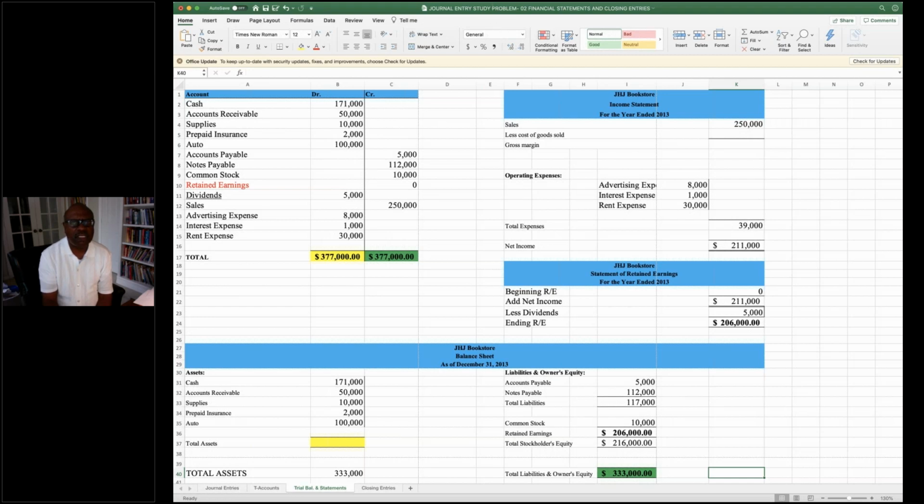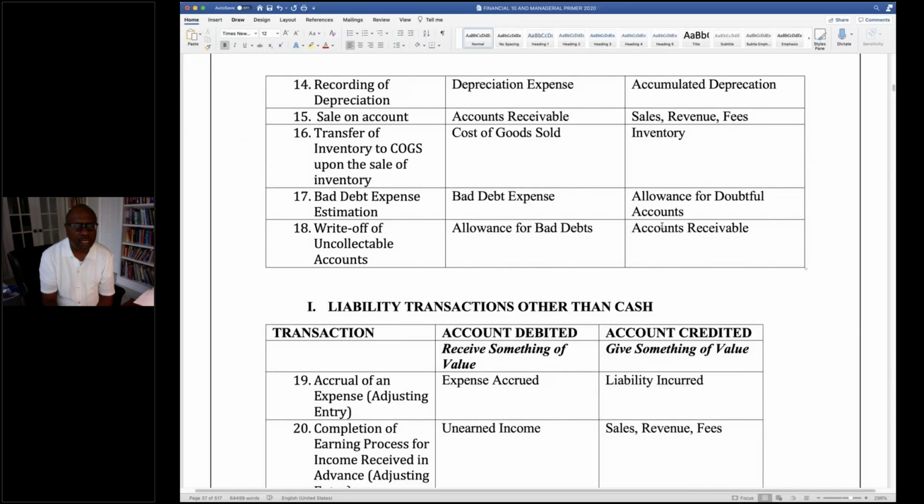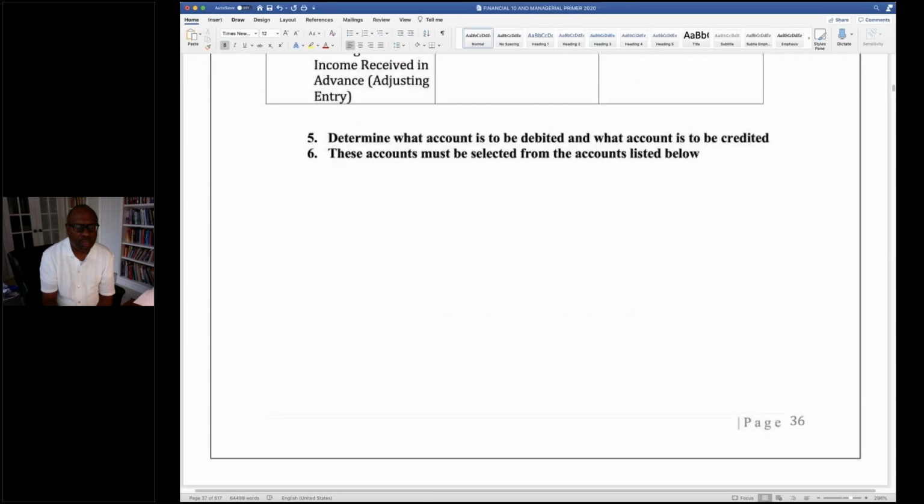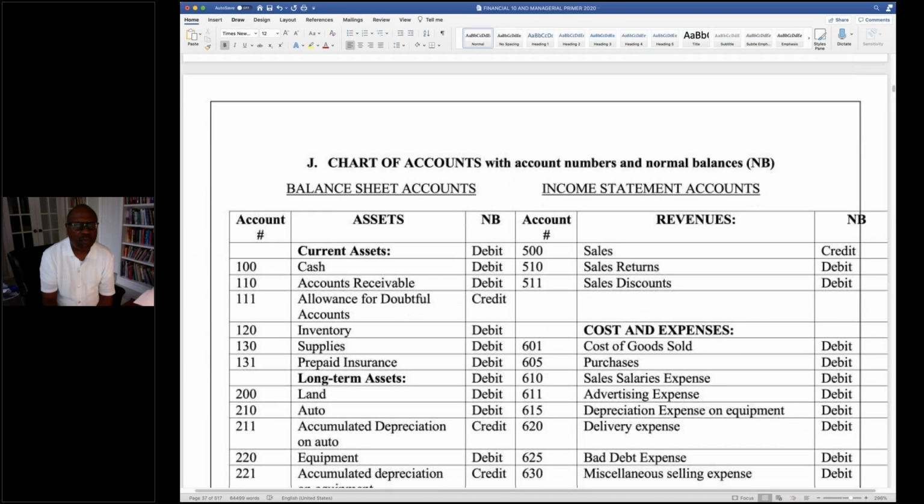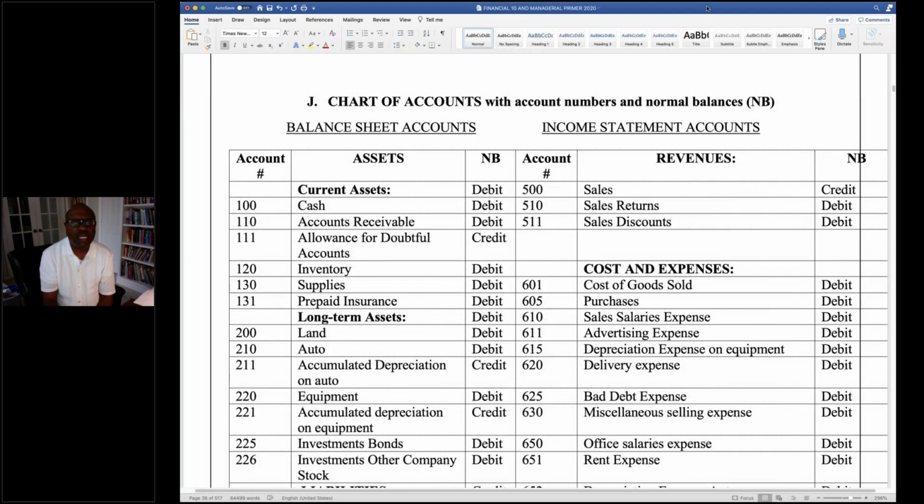Let me pull out of this for just a second and share this chart of accounts with you, and these NB normal balances.